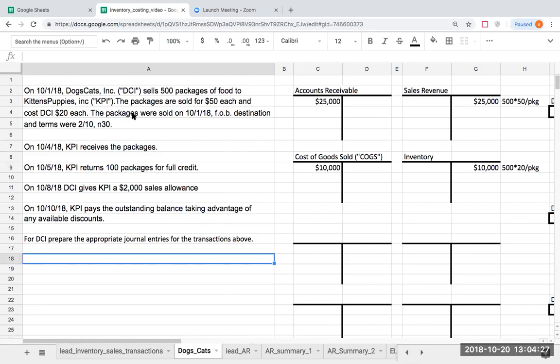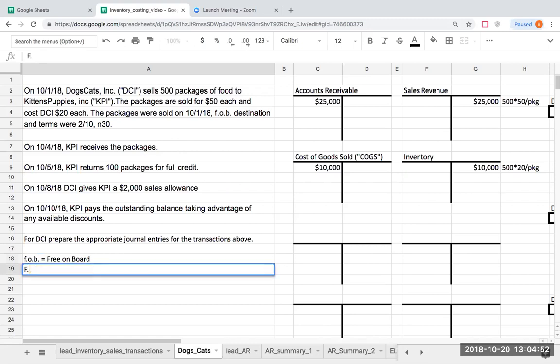So as all of you are giggling and as you're now understanding why I will never ask a student again during class session what that means, this means free on board. What this refers to is when does title transfer to the buyer? When do I record the sale?